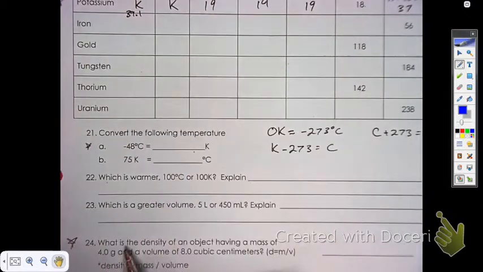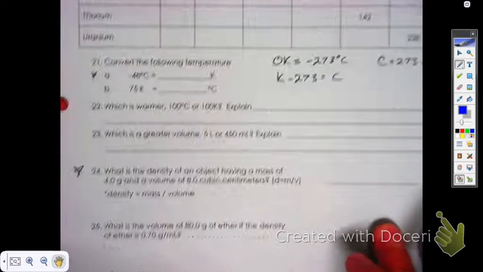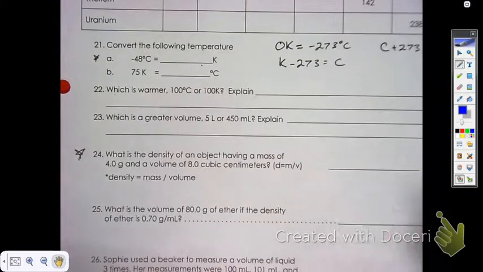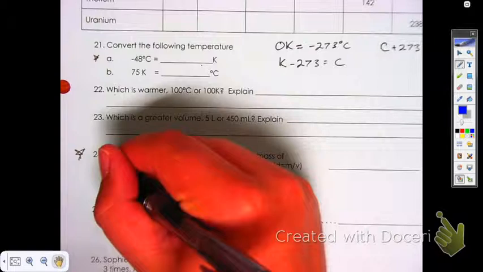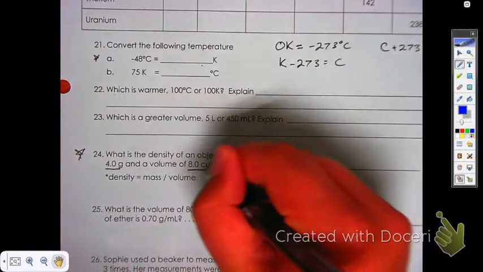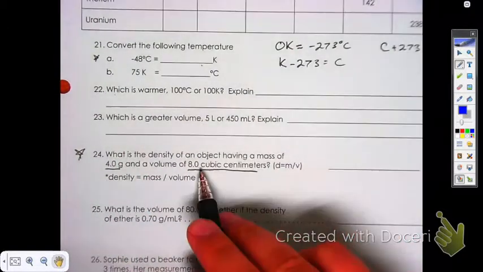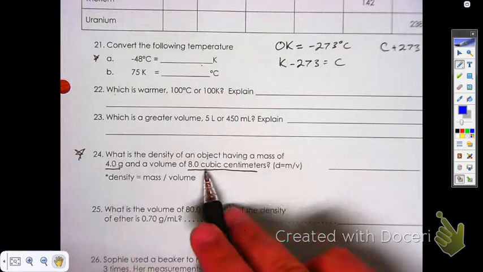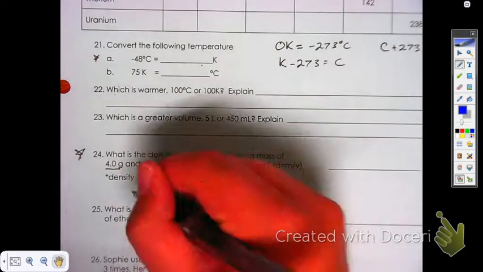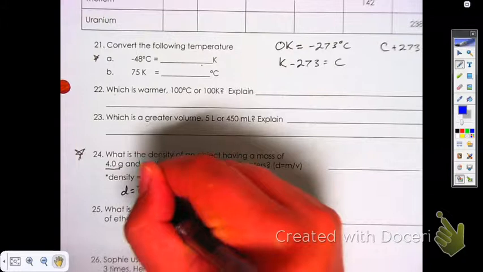Okay, last one is density. So here for number 24, we want to figure out what we're given. We have grams, and we have 8 cubic centimeters. Grams represents mass, and cubic centimeters represents volume. So we're looking for density. We don't know what that is.